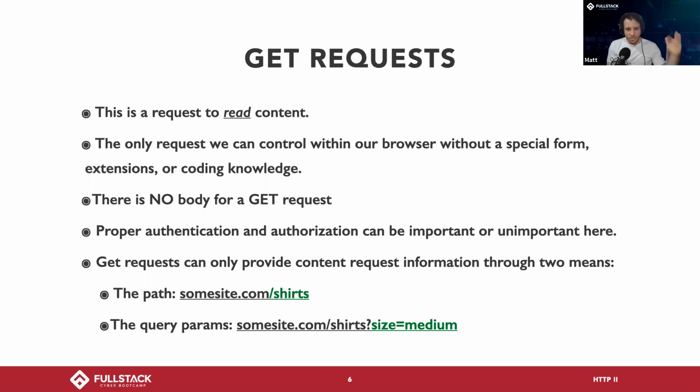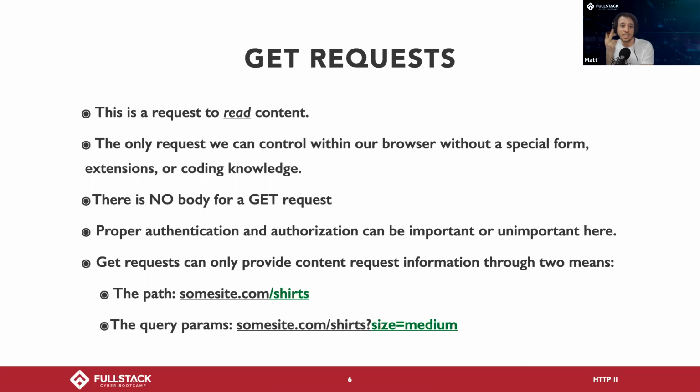So if you go to your favorite clothes shopping website and start taking a look at the different clothes, if you start filtering things down, I almost guarantee you're going to see something like that, where you'll see yoursite.com/ the type of clothing you're looking for, and then usually some kind of question mark and how you're filtering down, like maybe color equals blue or something like that. Pay attention next time you're doing a little bit of your shopping, you'll be able to see.